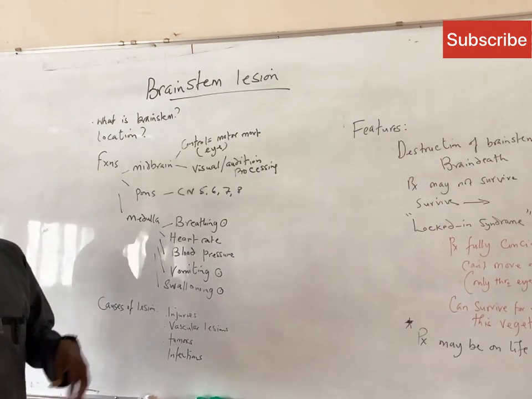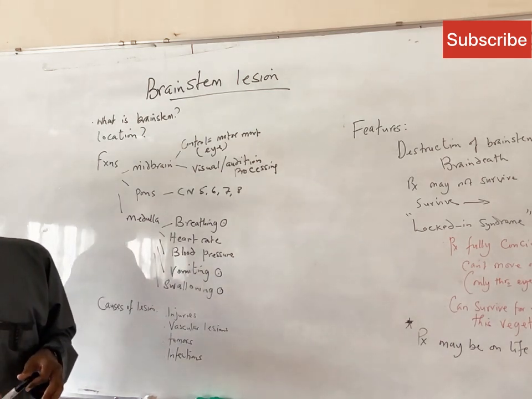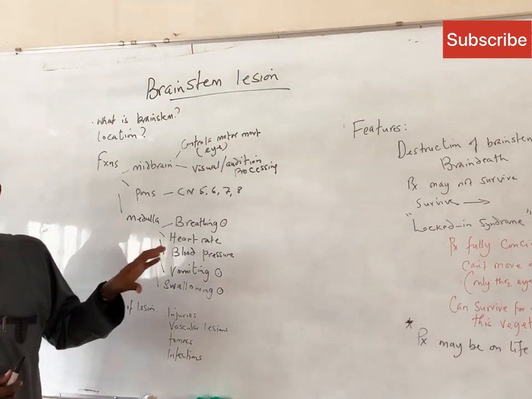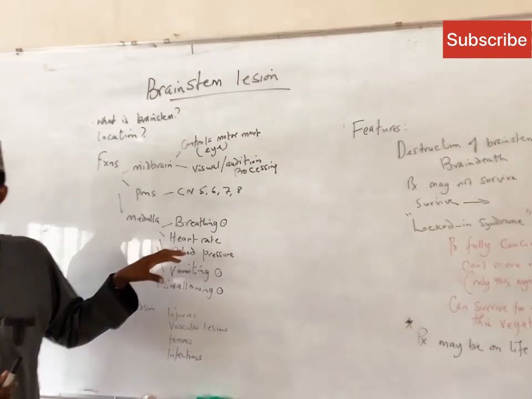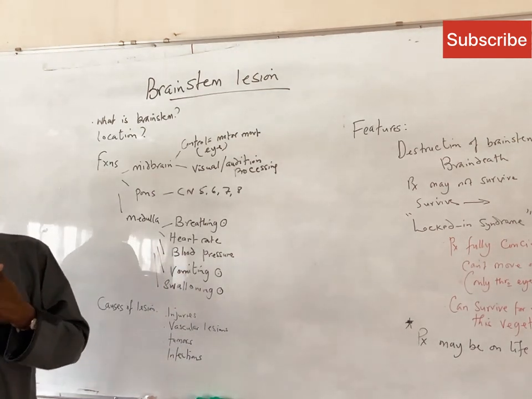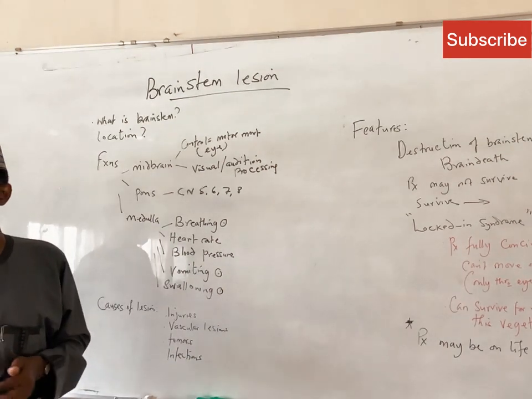And so the medulla oblongata is one of the most important components of the brainstem because it houses what we call the vital centers. These vital centers are the respiration, breathing in and out that we do. So the respiratory center is in the medulla oblongata.